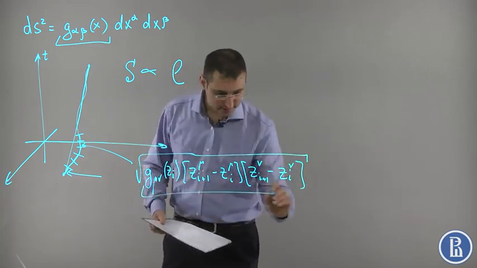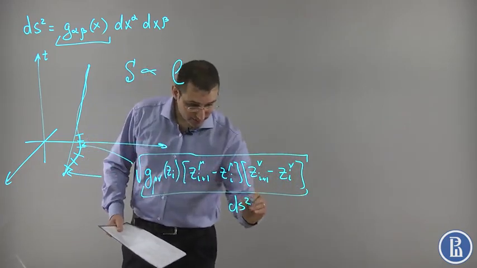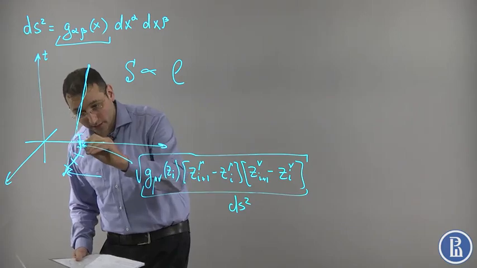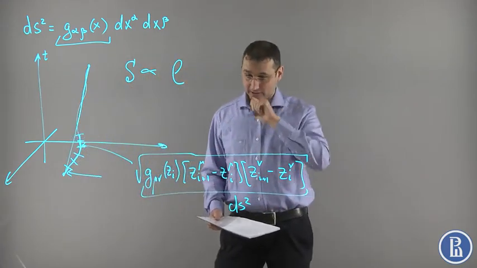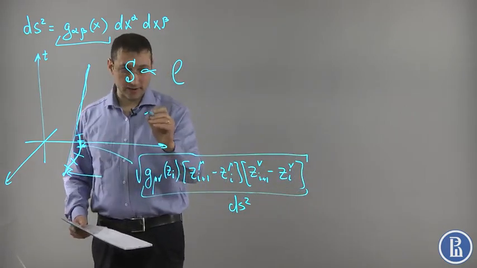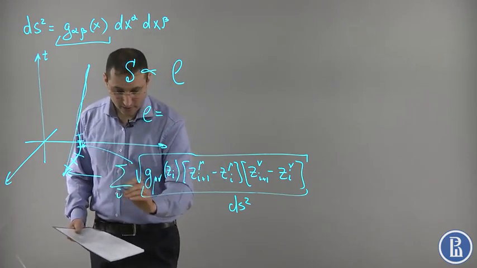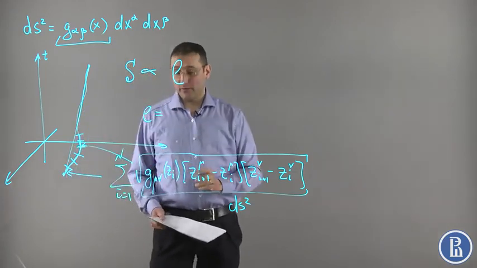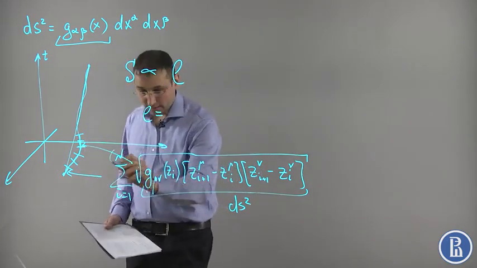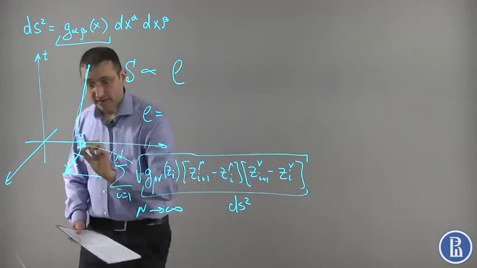So this is just ds, ds squared under the square root, along this segment of the world line of the particle. As a result, the length of the world line is just the sum of these, sum over i from 1 to n. Now, if we want to obtain the smooth world line, we have to take n, the number of segments, to infinity, and the size of each segment to 0.